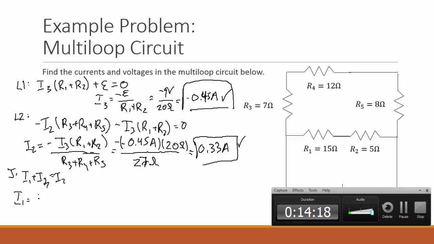That's equal to just I2 minus I3, which means it is 0.33 minus negative 0.45 amps. Or in other words, this is 0.78 amps. So now we have the three currents, I1, I2, I3.